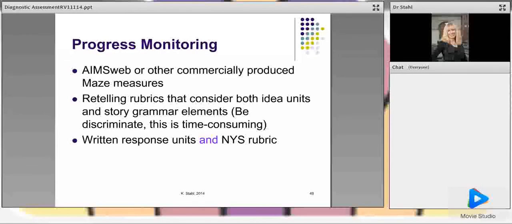We are very discriminate, and you'll need to be discriminate. This is very time-consuming. And then also the written response units that children are writing compared with the New York State rubric. And so these are ways to ensure that our instruction is yielding improvement.